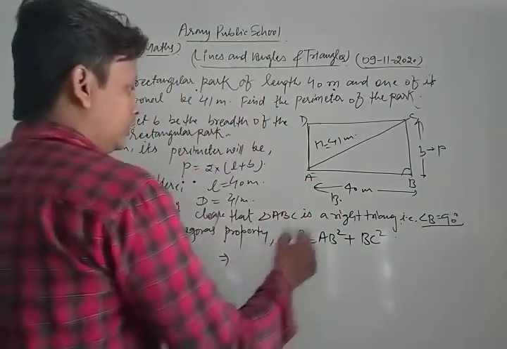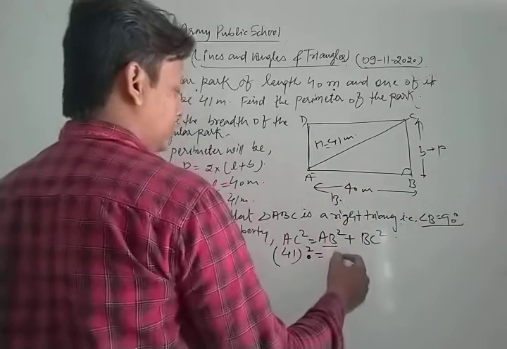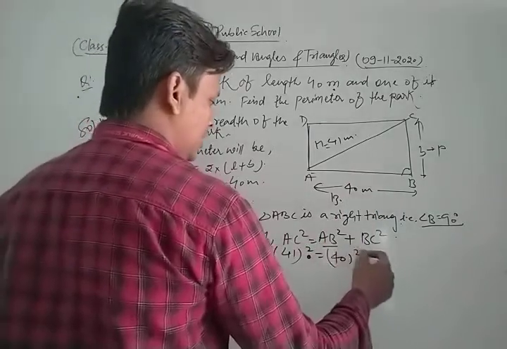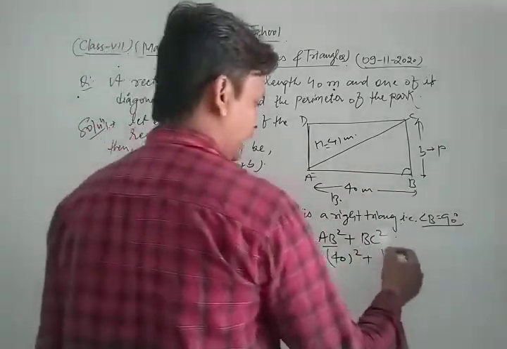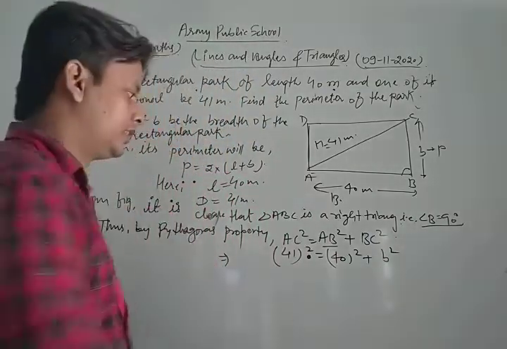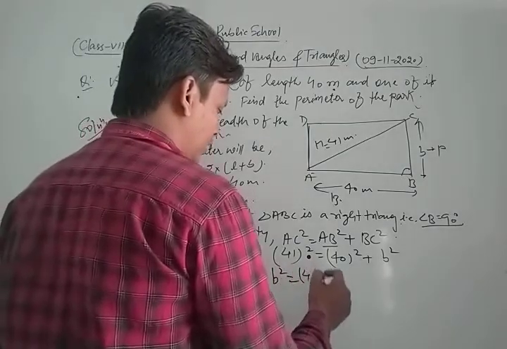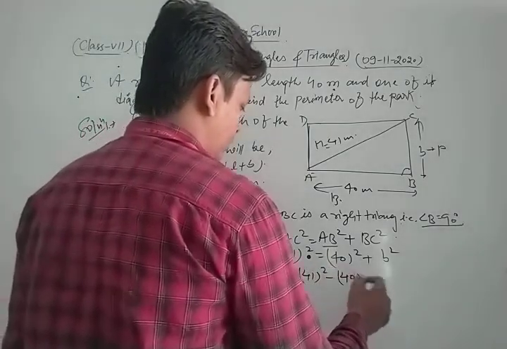Okay, now we put the value of AC as 41 square, and AB as 40 square, and plus BC as breadth of the rectangle. This is the rectangular part, this is B square. Okay, now simplifying them, we get B square is equal to 41 square minus 40 square.